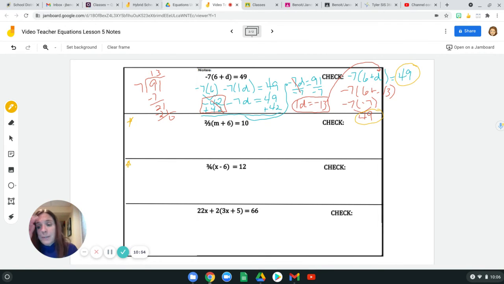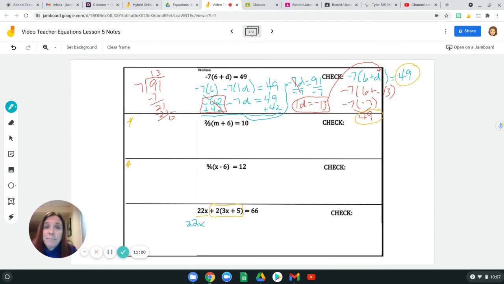All right, what you're going to notice is there is a term before our distribution here. So we've made our equation a little more complicated. That's all right. We're still going to follow the same steps, and we're going to distribute first. Now, when we distribute, this 22x just stays 22x.